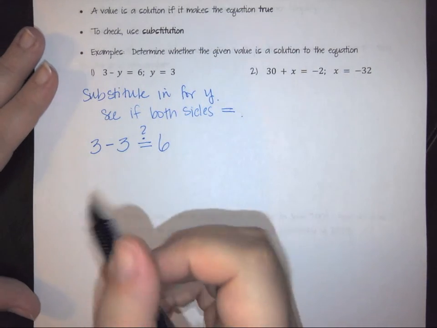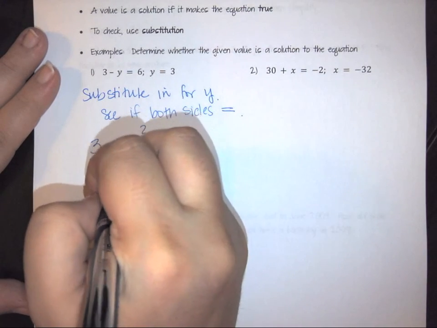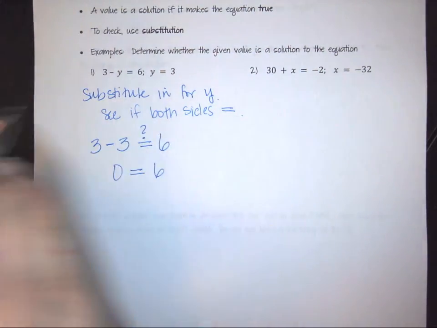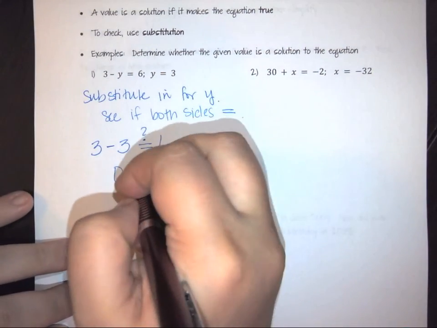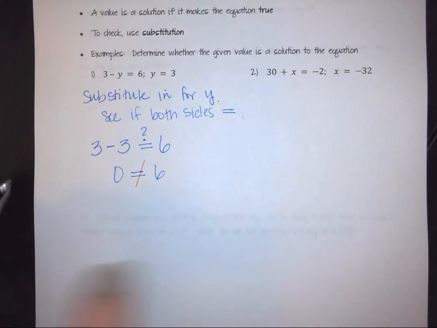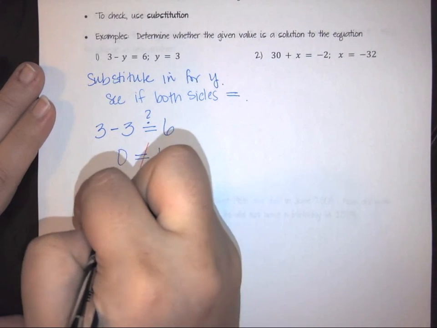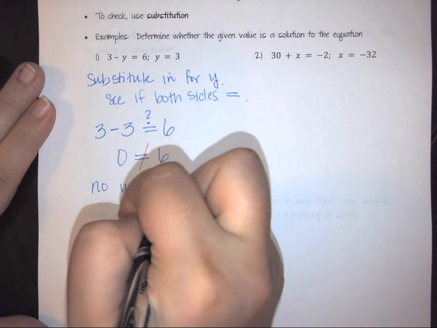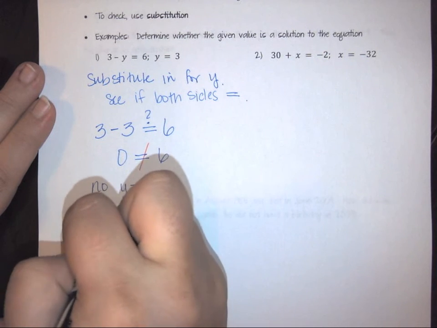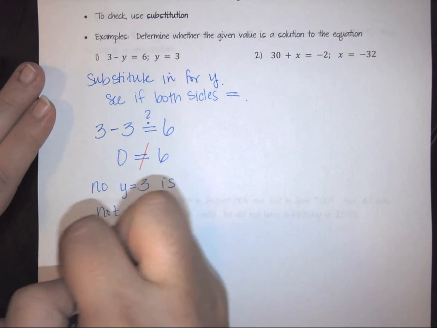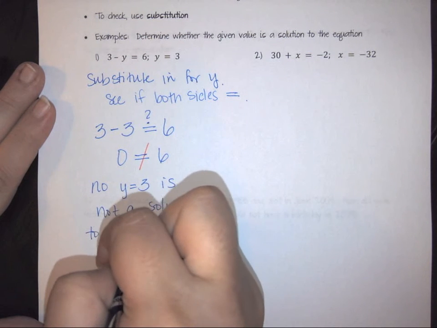Well, 3 minus 3 gives you 0, and in this case we already know that 0 does not equal 6. Therefore, you would say no, y equals 3 is not a solution to the equation.